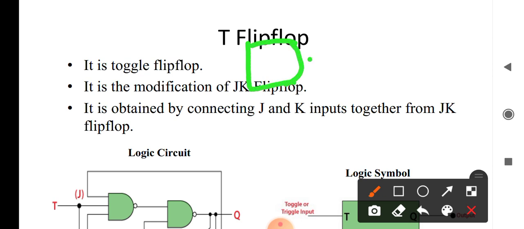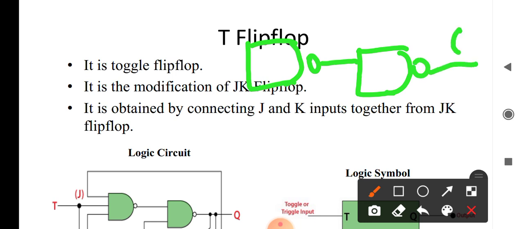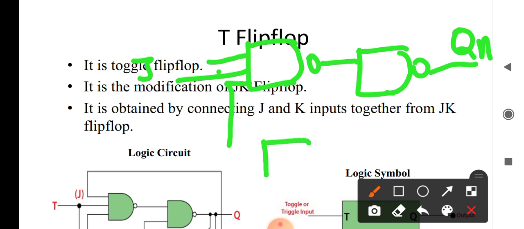JK flip-flop, similar to this one. We have Q and QN here, and in the JK flip-flop we give inputs like this: one clock input, one is J. Similarly we write one more NAND gate here.